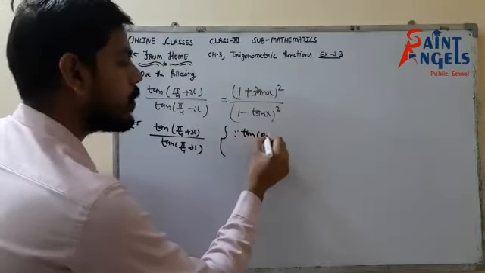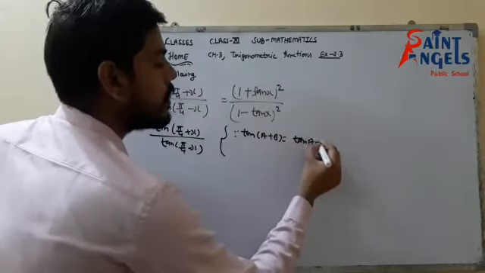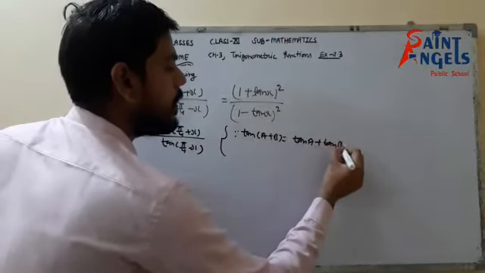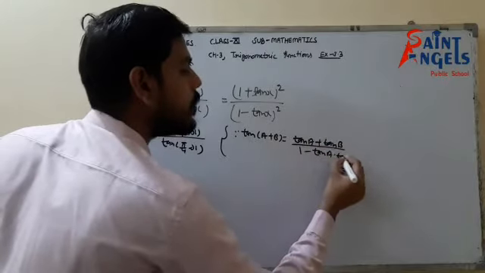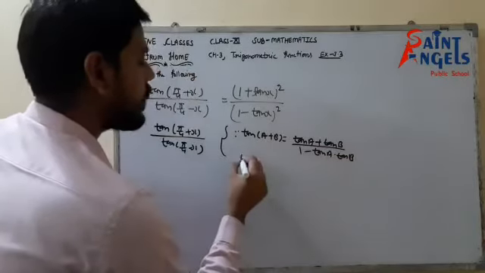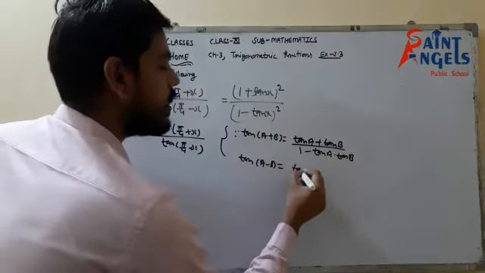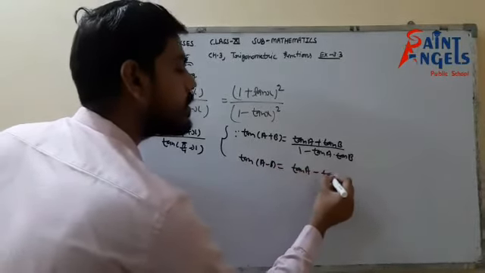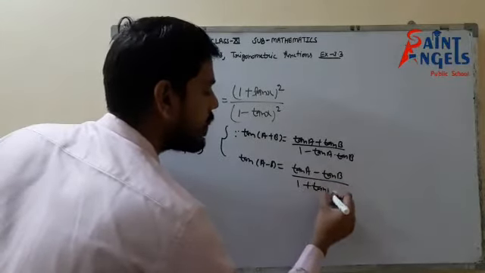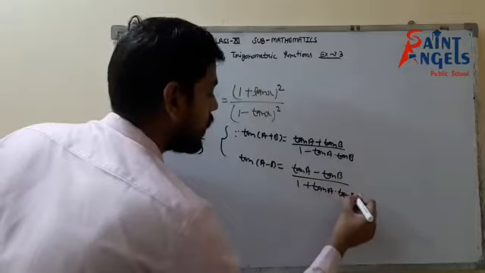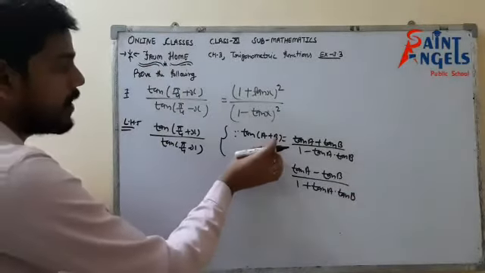Tan(a + b) equals (tan a + tan b) upon (1 - tan a tan b). Okay students, and beta, tan(a - b) would be (tan a - tan b) upon (1 + tan a tan b). Beta, learn these formulas, otherwise you might get problems. Okay, so now we'll apply the same formula over here.